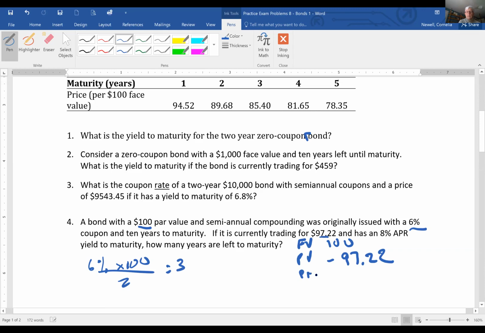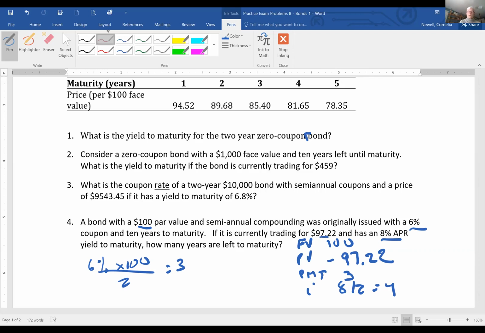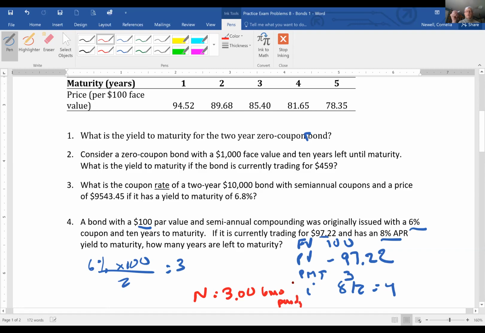Payment is 3. I is 8 divided by 2 equals 4. So put all of that into your calculator. You're going to solve for N, and you're going to get 3.00. That is the number of 6-month periods. So you have 3 6-month periods, which means 3 divided by 2 is 1.5 years.